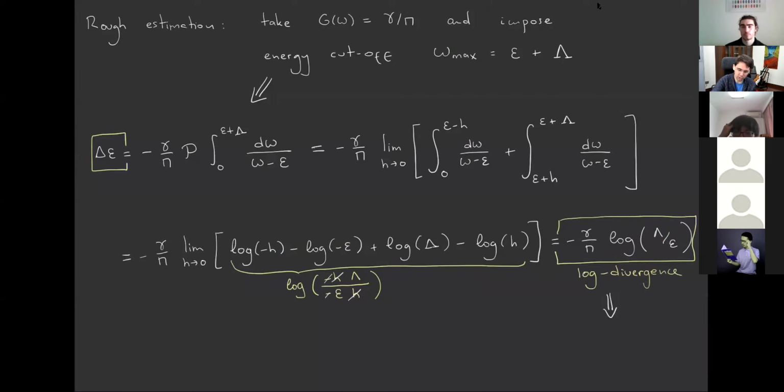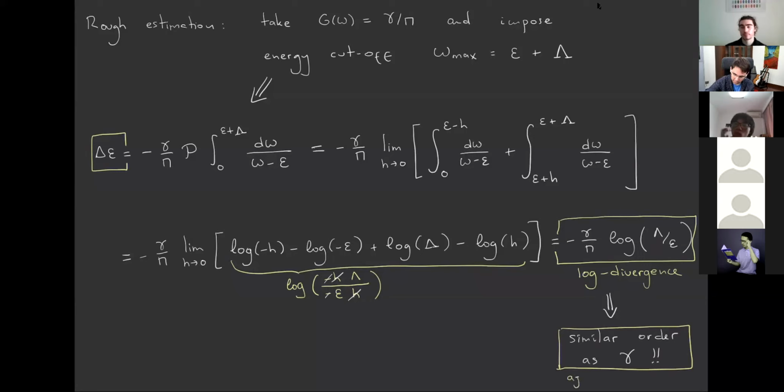Then this essentially is telling us, and we are going to do some numbers now, that the lamb shift is actually of similar order as the decay rate. Okay? This is the takeaway message, which is that the lamb shift can be as large as the decay, okay?